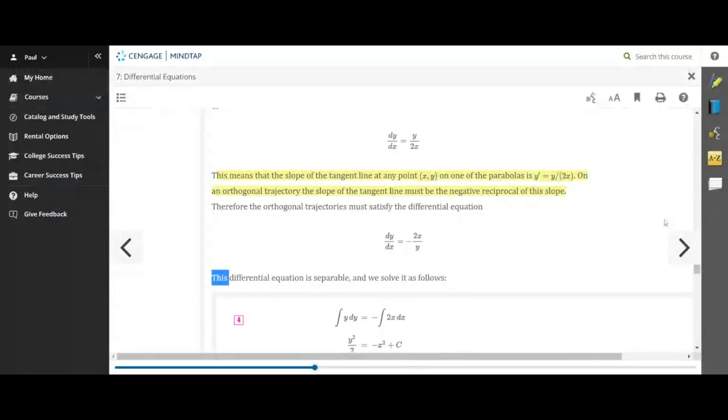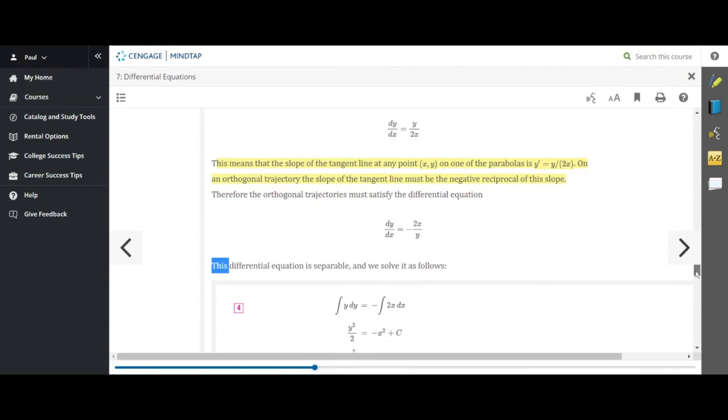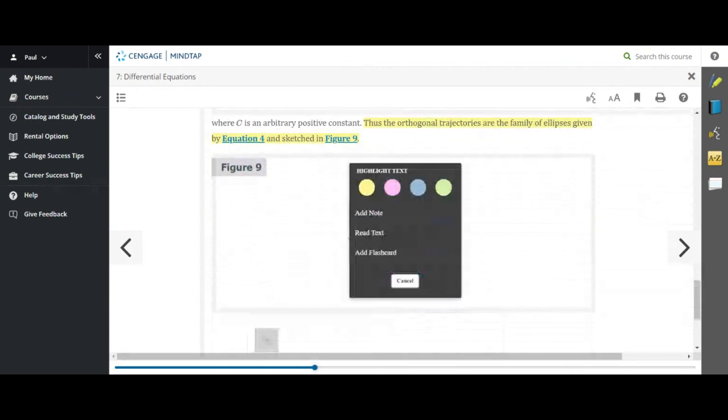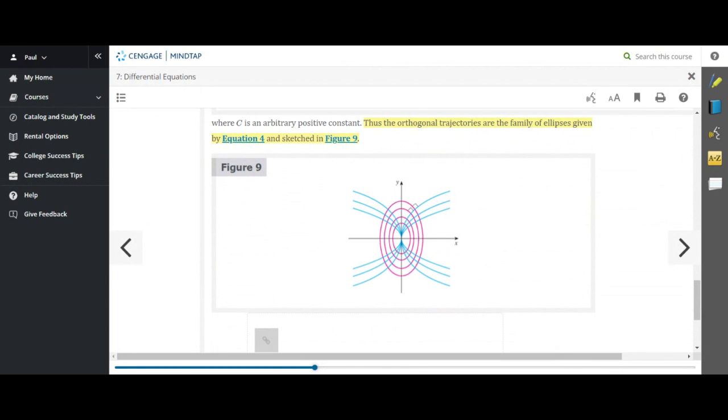So that being said, let's finish the problem up. Based on the picture in figure 9, I don't want that to show, let's get that off there.